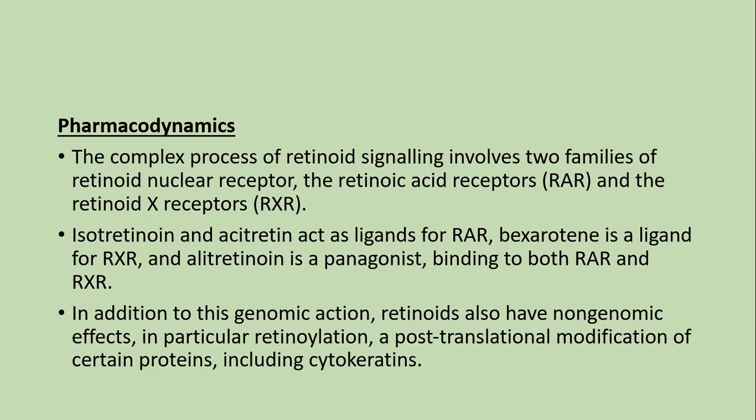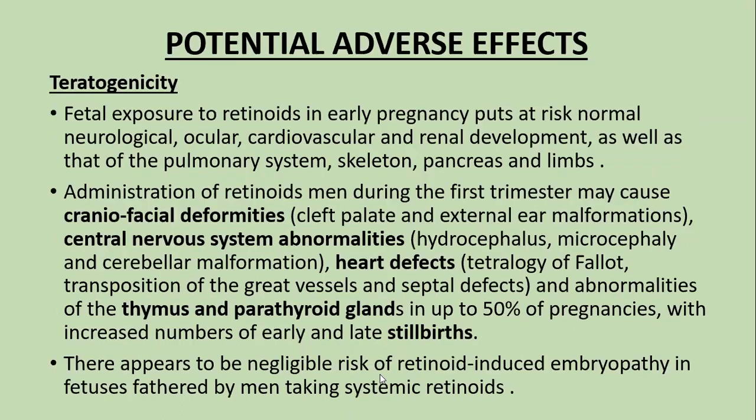Bexarotene is the ligand for RXR receptors, and L-tretinoin is a pan-agonist for both RAR and RXR receptors. In addition to this genomic action, retinoids also have non-genomic effects, in particular retinoylation and post-translational modification of certain proteins, including cytokeratins.